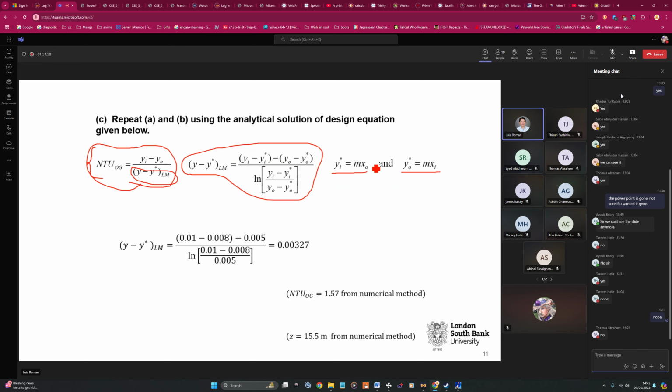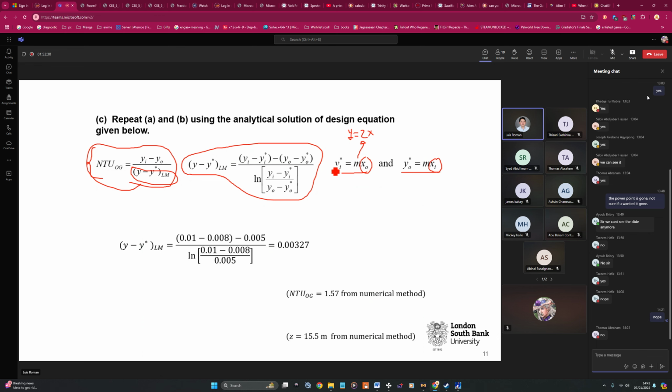The compositions of the outlet and of the inlet of the liquid phase are given in the problem statement. M is the slope of the equilibrium line. For this particular problem, I think it was 2 times x, so M is this value of 2.